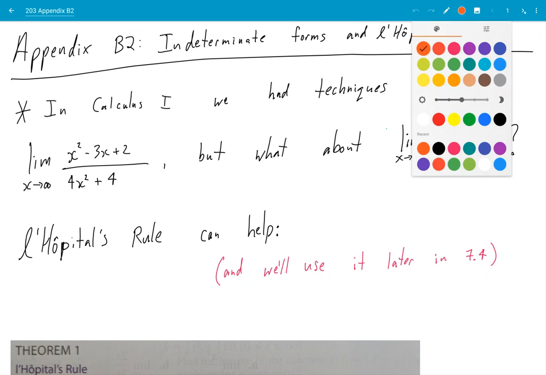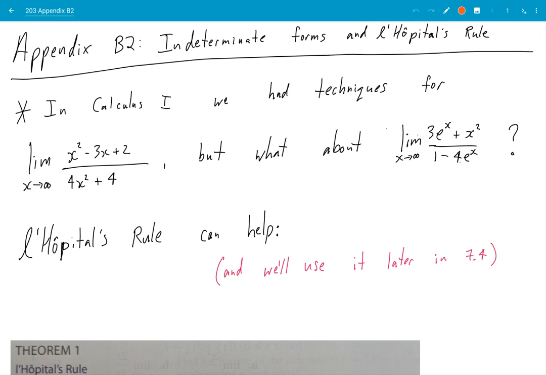So you may recall doing limits of this form. Depending on your teacher, maybe you just say, oh, ignore this, cancel, cancel, and you're done. Over here is not so clear.